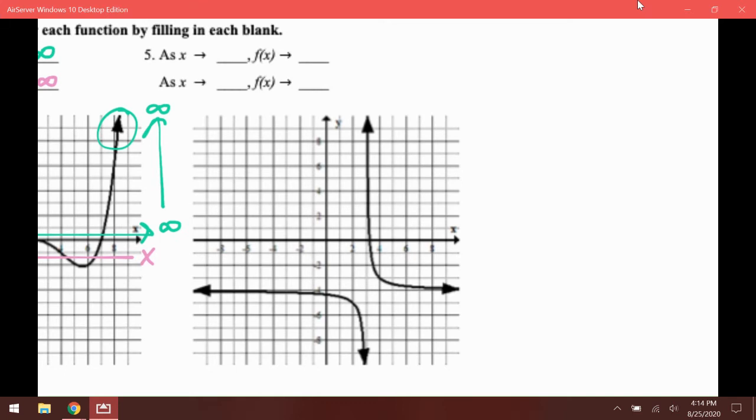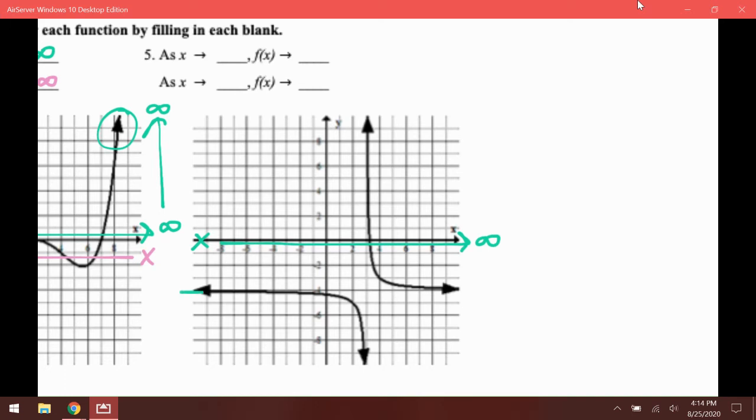This one is tricky. So we start the same way. I want to know what happens as x approaches positive infinity. Okay. So in one sense, we have some y values going this way and some going this way. Okay, so that's not really working for us. We can't have both going in different directions. So really what end behavior is saying is as x goes to the right, where are all of my y values headed towards?